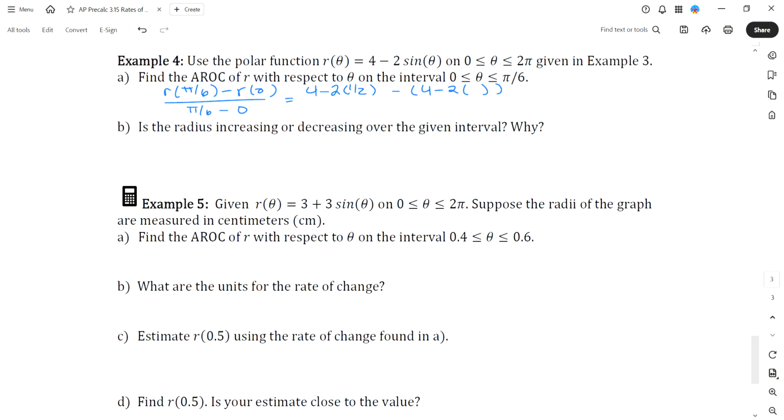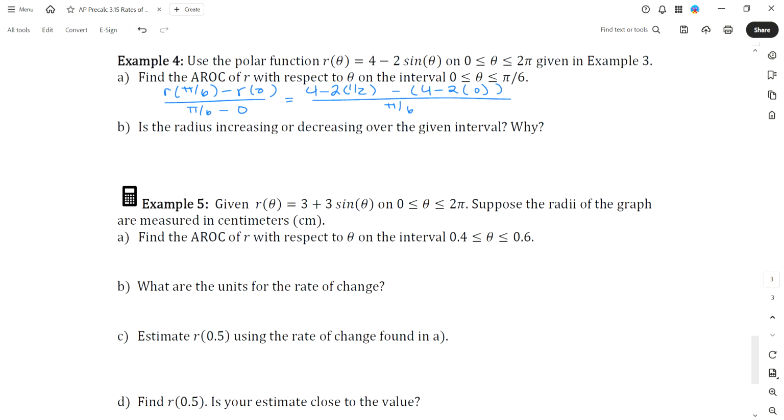What's the y? Yes, good. Sine of pi and 2 pi is also 0. So this is divided by pi over 6.